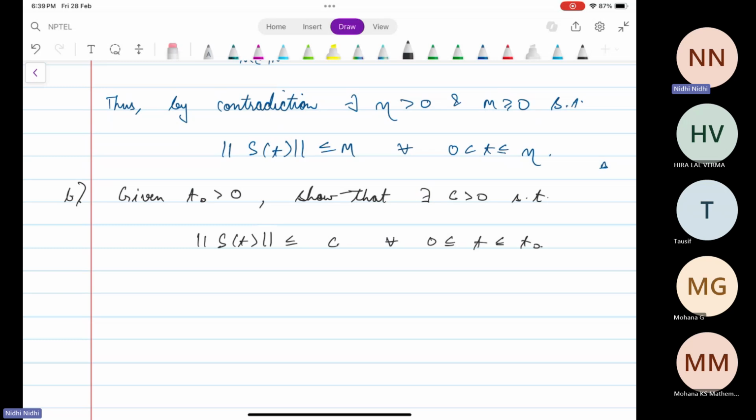So for every fixed T naught positive, if I take t less than or equal to T naught, then the norm should be uniformly bounded. So these St should be uniformly bounded.